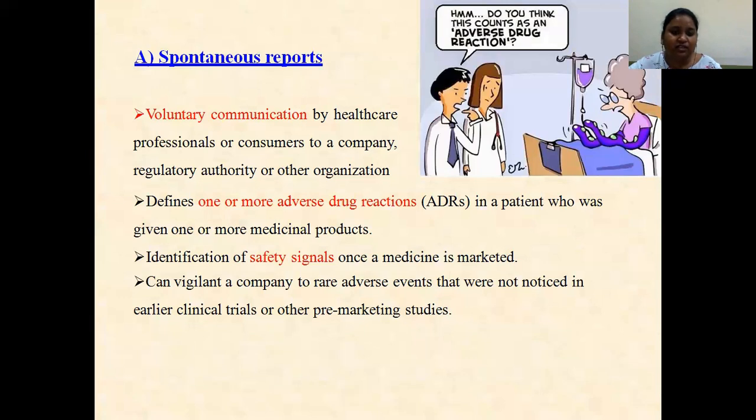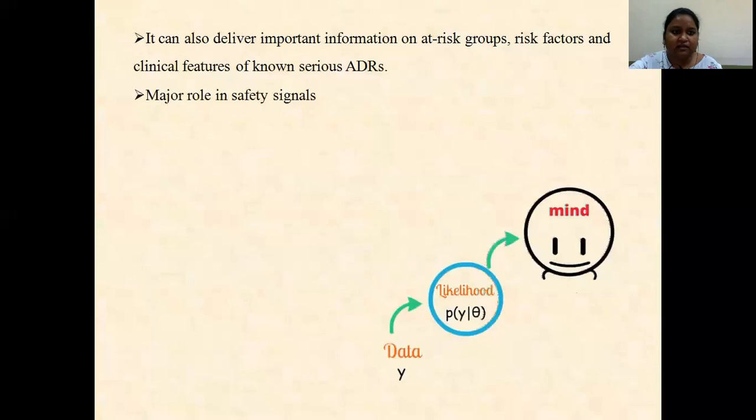It can also alert a company to adverse events that were notified or noticed in earlier clinical trials or other pre-marketing studies. Next, spontaneous reportings deliver important information about the risk groups, which groups are more at risk to produce the ADRs.